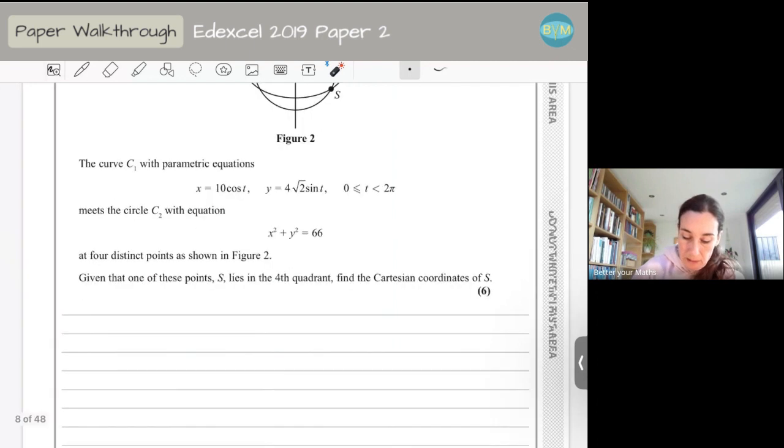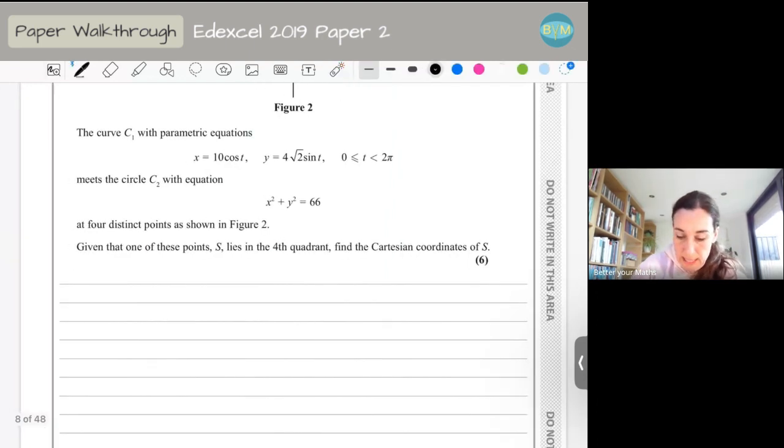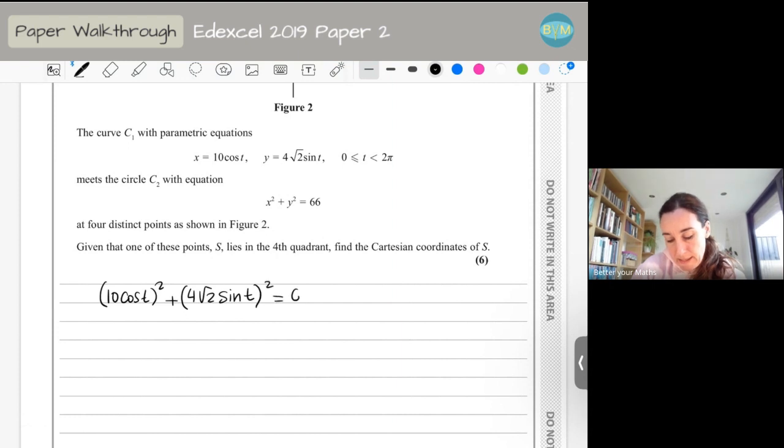I'm going to substitute the parametric equations of C1, the oval, into my circle. So I have (10 cos t) squared plus (4 root 2 sin t) squared is 66. Squaring these terms, I have 100 cos squared t plus, you can do this with a calculator if you want, 4 squared times 2, which is 32.